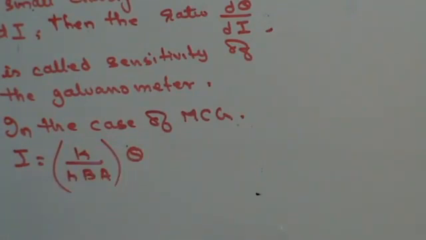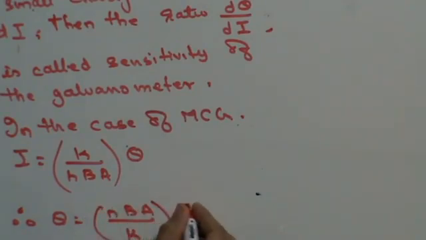This is how you found the value of current. So theta is going to be nothing but NBA upon K into I. That will be the deflection.